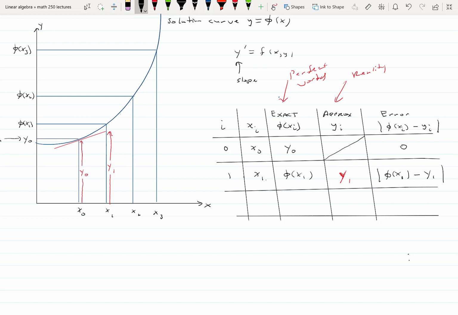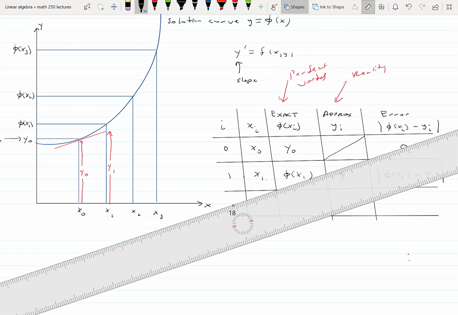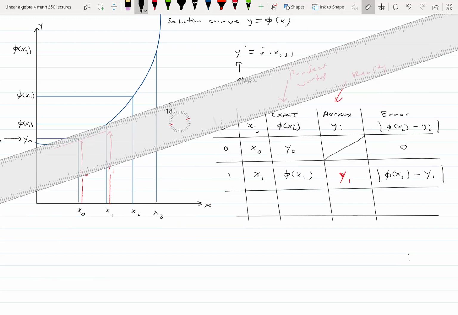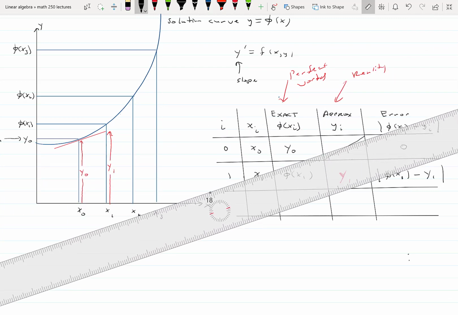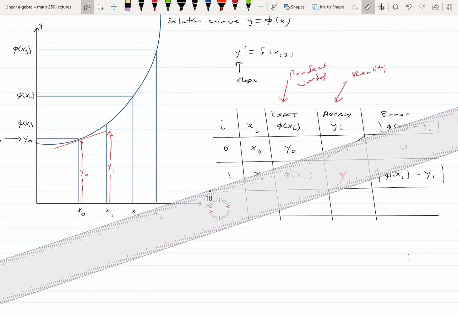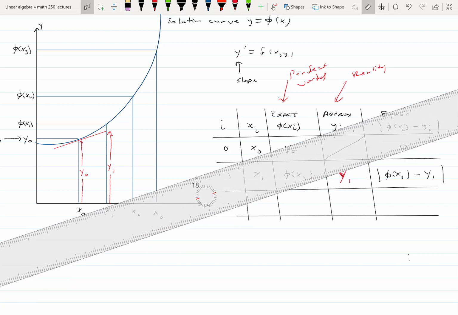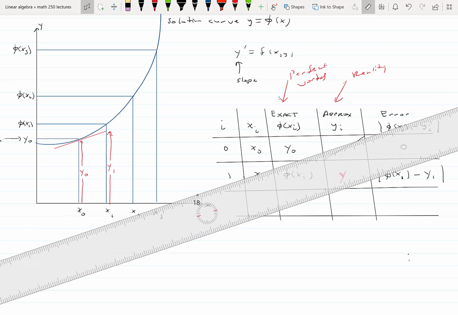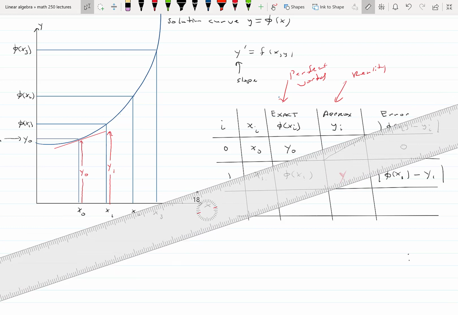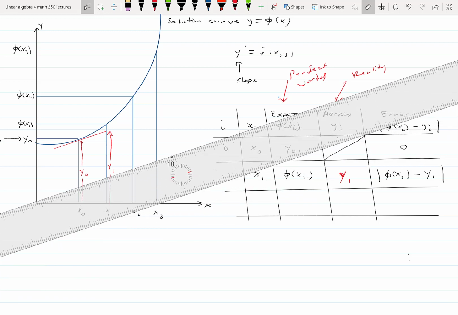So how does this method continue? The method continues by using a tangent line now at the next point, where I'm currently located, where I'm considering phi of x1. But I don't have access to phi of x1. I only have access to y1.